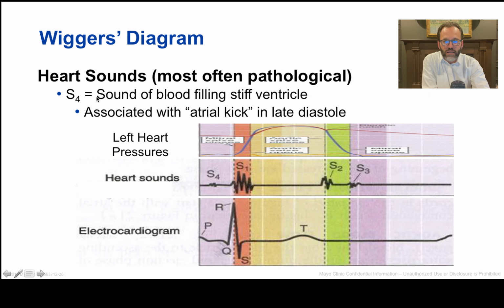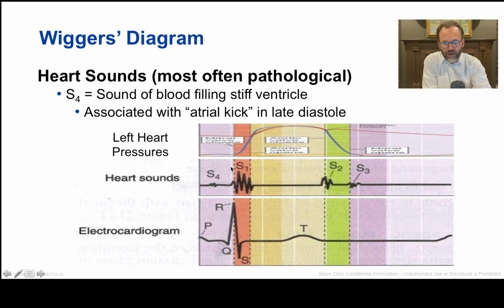And then the S4 sound is heard almost at the beginning of the cardiac cycle, when you have the sound of blood filling a stiff ventricle. That's largely associated with the oscillation of blood due to the atrial kick in late diastole. So only with a stiff ventricle are you going to hear substantial and notable S4 sounds.